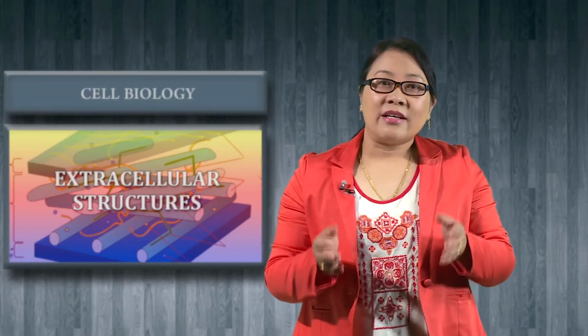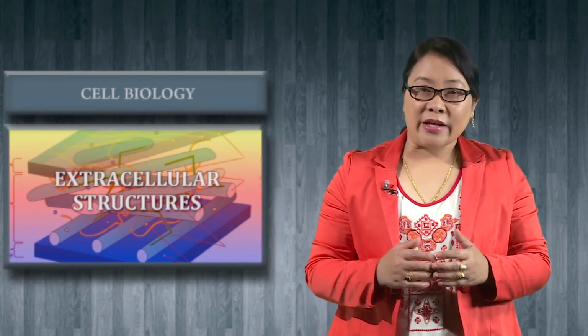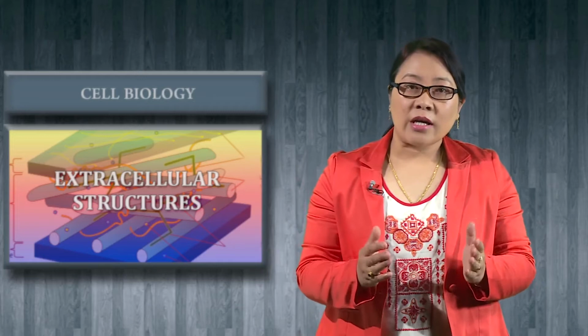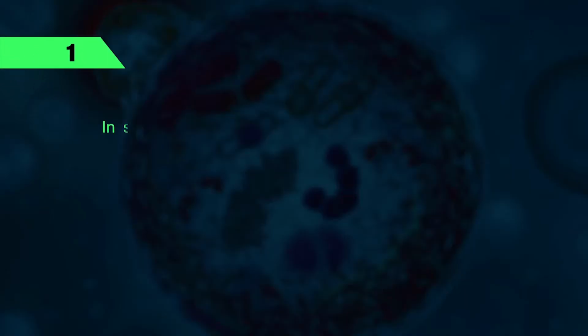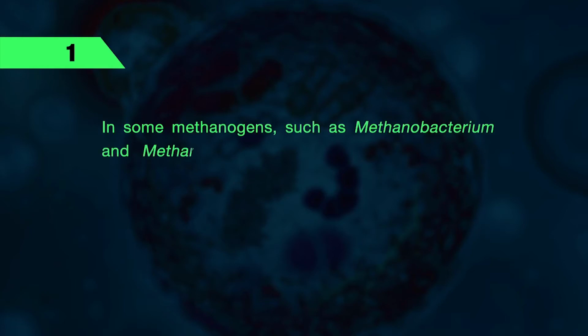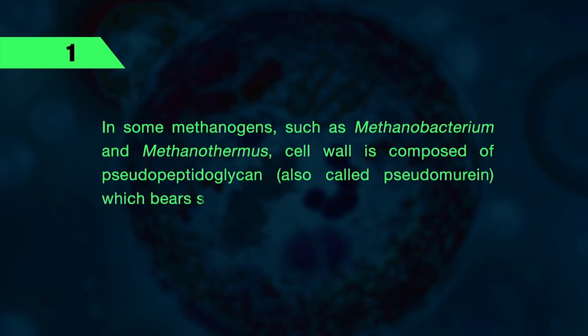On the other hand, the cell wall of archaebacteria lacks peptidoglycan, and four types of cell wall are commonly found in archaebacteria. The first one is, in some methanogens such as Methanobacterium and Methanothermus, cell wall is composed of pseudopeptidoglycan, also called pseudomurein, which bears some resemblance to peptidoglycan.